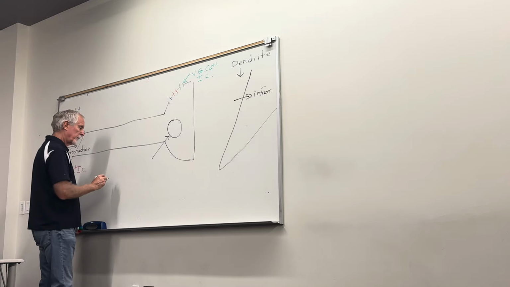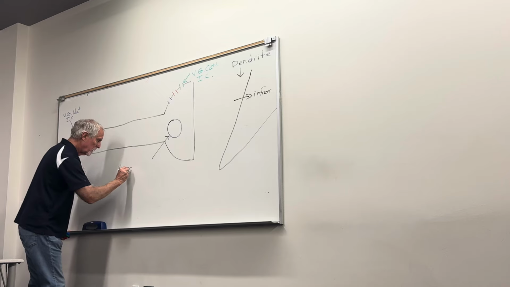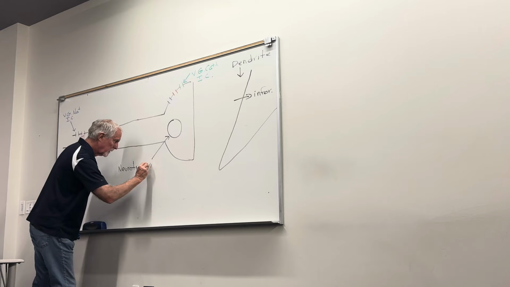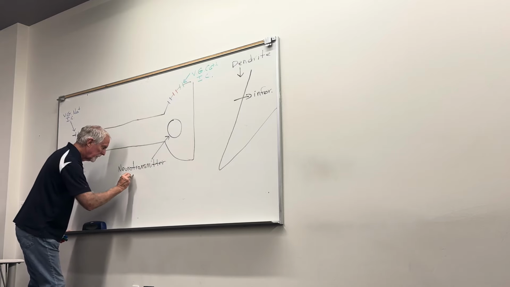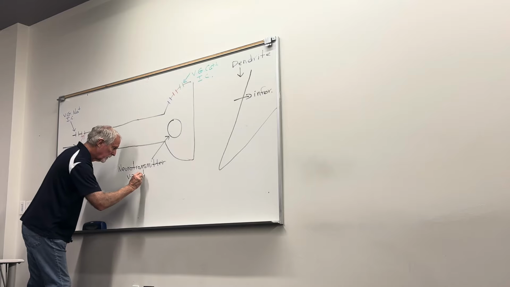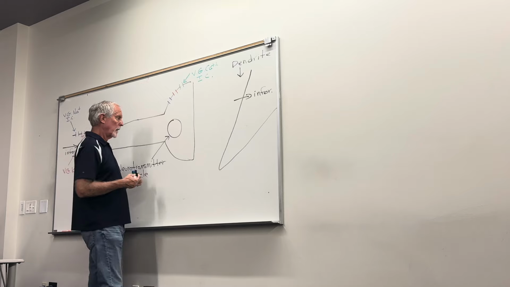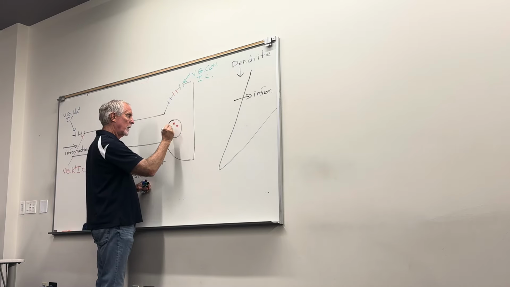So we're going to call this a neurotransmitter vesicle. And I'll just put little red dots in here just to represent the presence of neurotransmitter.